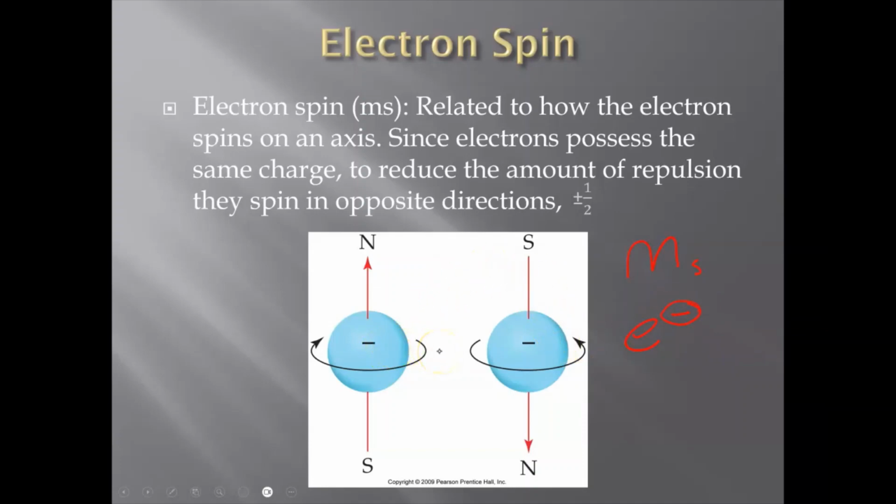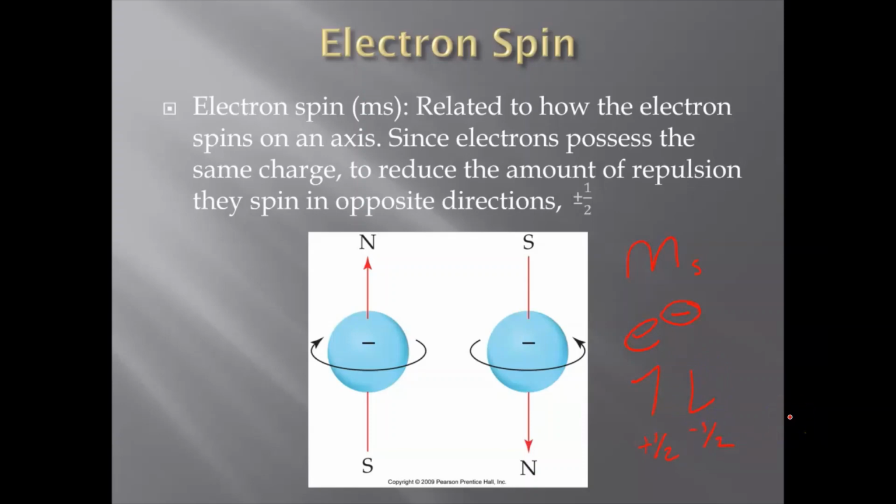When you put 2 electrons beside each other, you're going to see some repulsion take place. So really what happens is, to minimize this repulsion, the electrons spin in opposite directions. So you have this plus 1/2, and you have this minus 1/2.